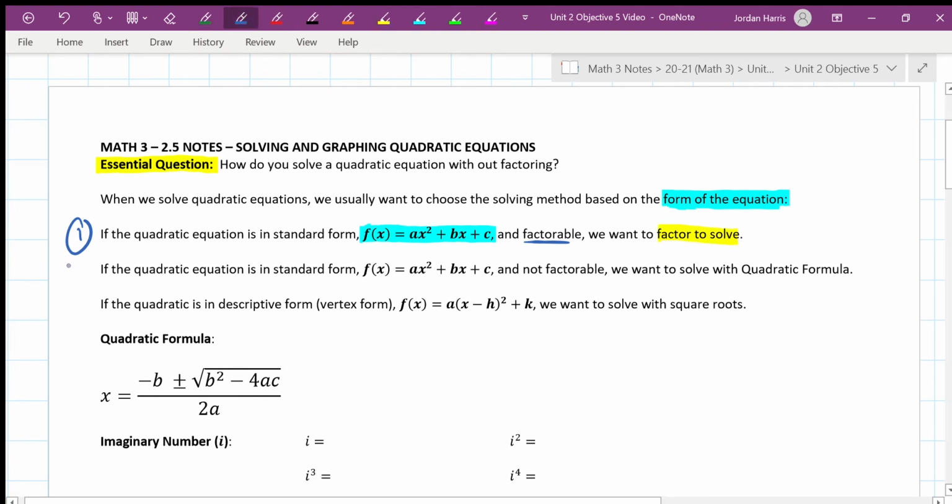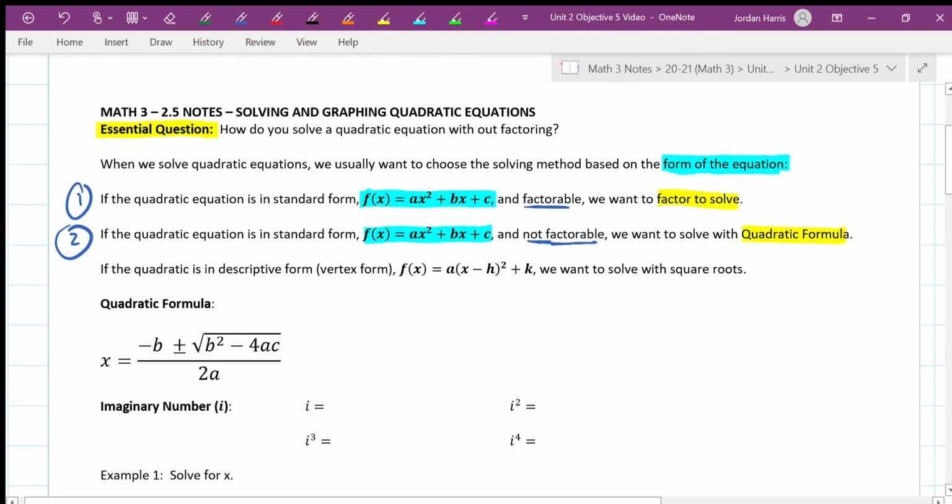The second way is still standard form. This is the new one for today. You should have done this in other classes, but if it's standard form and not factorable, obviously we can't factor something that's not factorable, so we're going to solve with the quadratic formula. The reason things aren't factorable is that they're not perfect numbers, not perfect factors. We're going to have square roots involved in our quadratic formula answers.